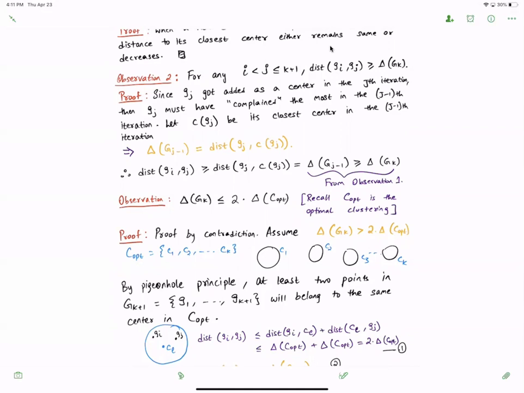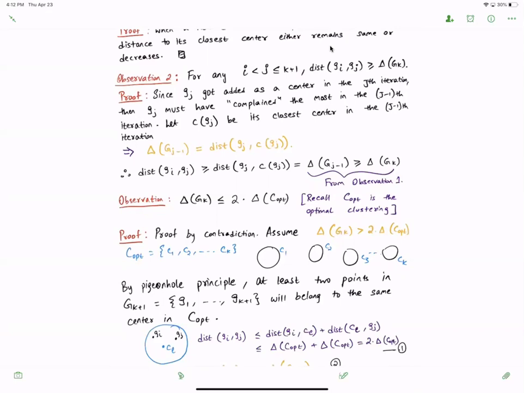By the simple pigeonhole principle, there are K plus 1 points and only K center clusters, so some cluster has to have at least 2 points. So let's say 2 points Gi and Gj are in this blue circle, belonging to this cluster of CL.